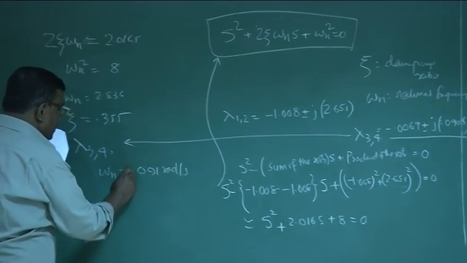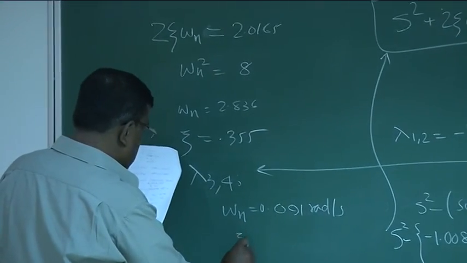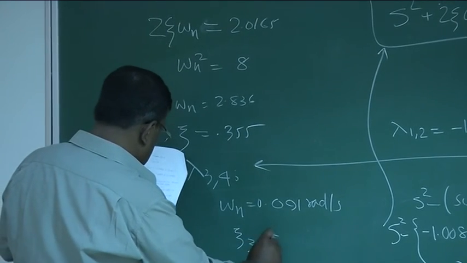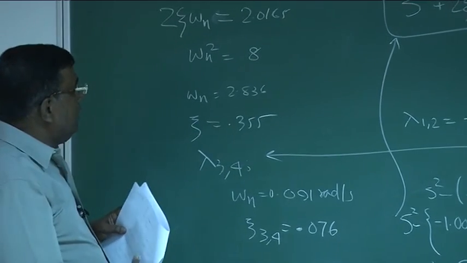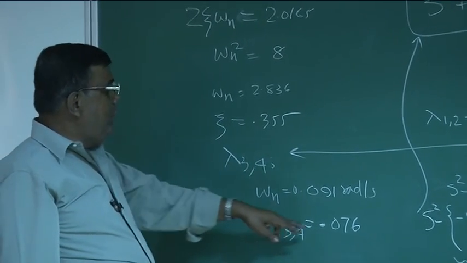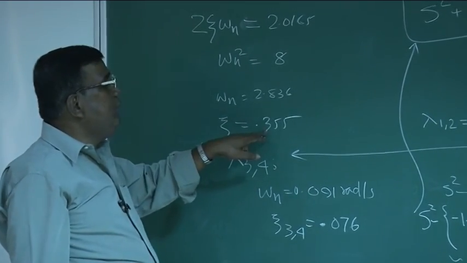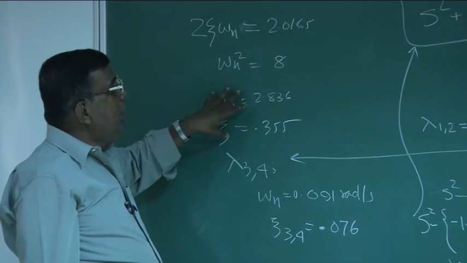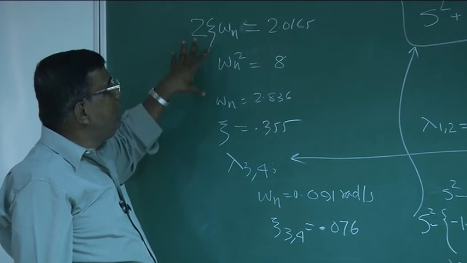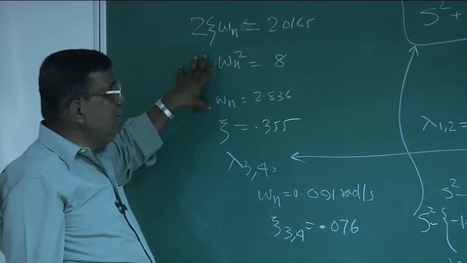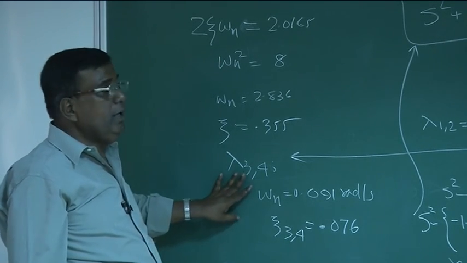You should solve it yourself, and you can expect one question in the exam of this nature. You could see that zeta is 0.076, but here it is 0.355. So it is highly damped compared to this. And this is closer to a short period type excitation, and this is like a phugoid type.